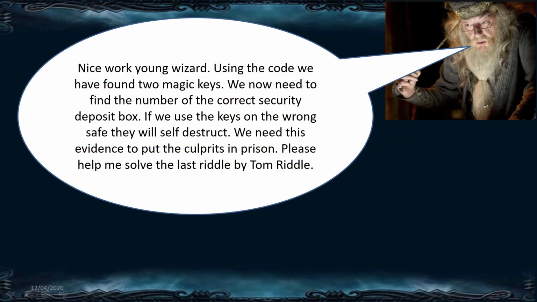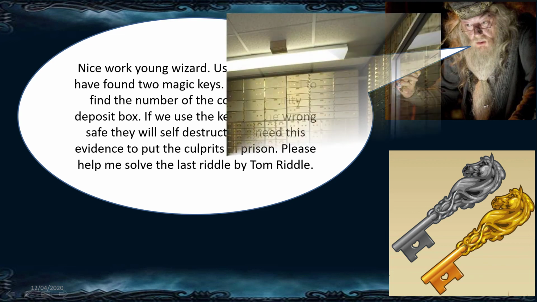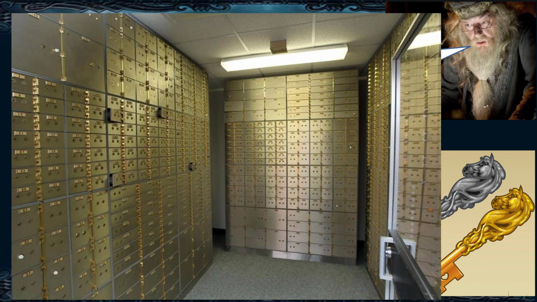Using the code, we found 2 magic keys. Now, we need to use these 2 keys, but put it in the correct safety or security deposit box. If we use these keys in the wrong safe, they will self-destruct. And this is the vault we found. Look at all those boxes with the 2 keyholes. We need to find the right one straight away.